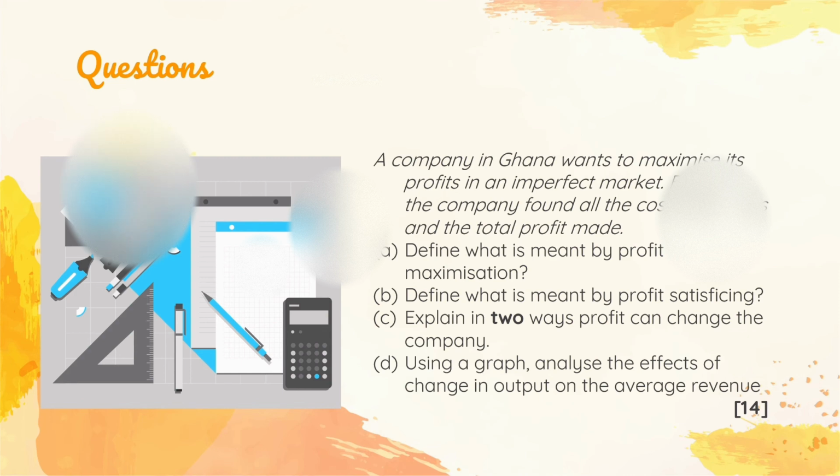Now you might be thinking average revenue, but there are two graphs for average revenue, right? So for this, you need to go to the paragraph given at start. A company in Ghana wants to maximize its profit in an imperfect market. So these are the small things that we lose out on. So imperfect market, we need to look for imperfect market average revenue.